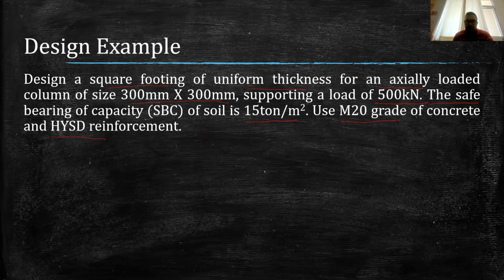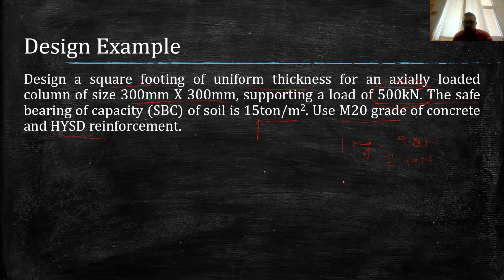So here, the data which is given to us is the size of column, and it is supporting a load of 500 kilonewton, and also the safe bearing capacity of the soil is 15 ton. So we have to convert this ton into kilonewton. Now we know that 1 kg is equal to 9.8 newton, and generally in engineering calculation, for the sake of simplicity, we take this equivalent to 10 newton.